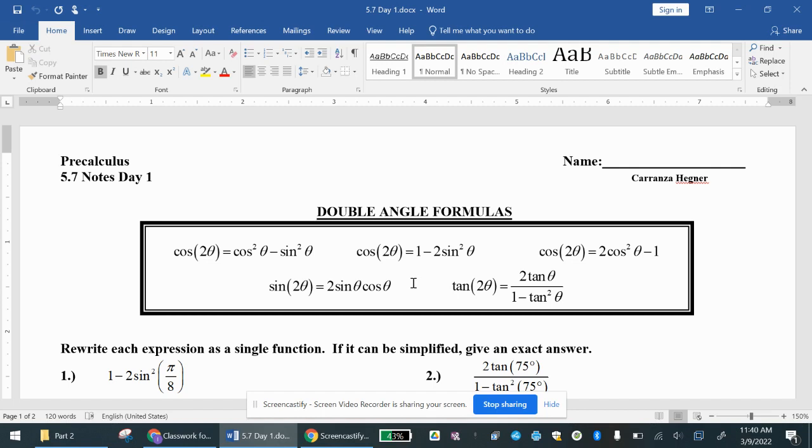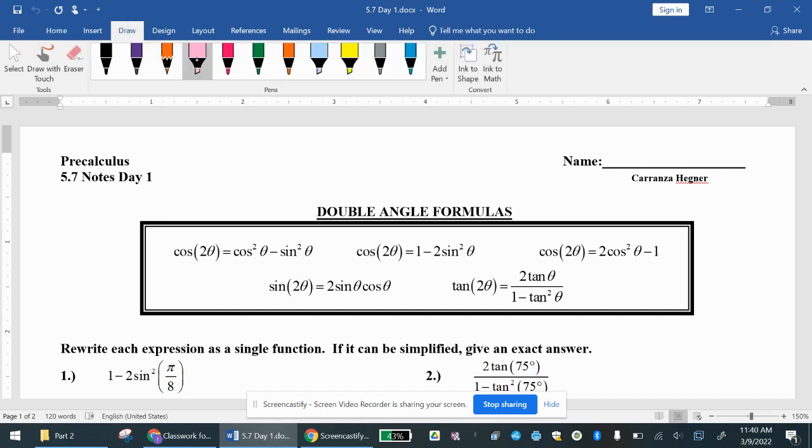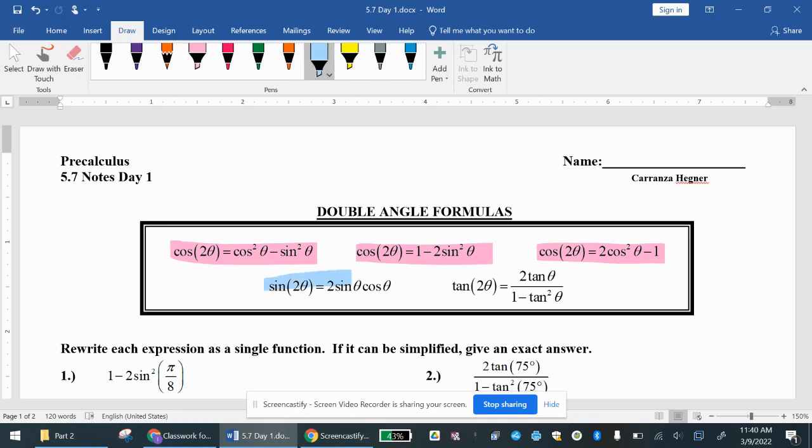The first thing I want you to notice about these formulas is that they're for any time the angle is doubled, so if it's multiplied by 2. Notice that for cosine, there are actually 3 ways to rewrite it: 3 identities that correspond to cosine of a double angle, or double theta, whereas sine only has one identity, and tangent has one as well.